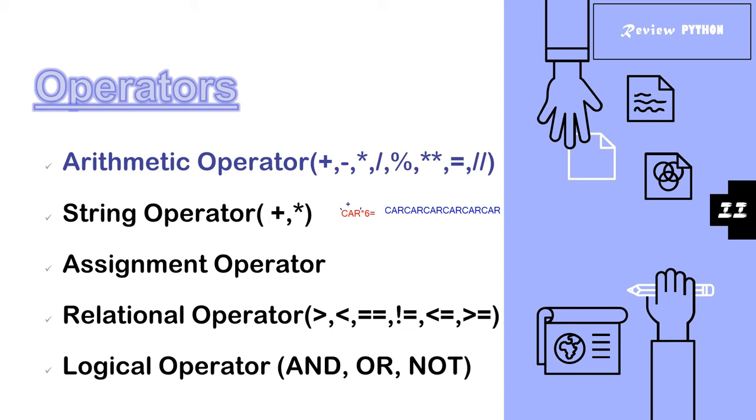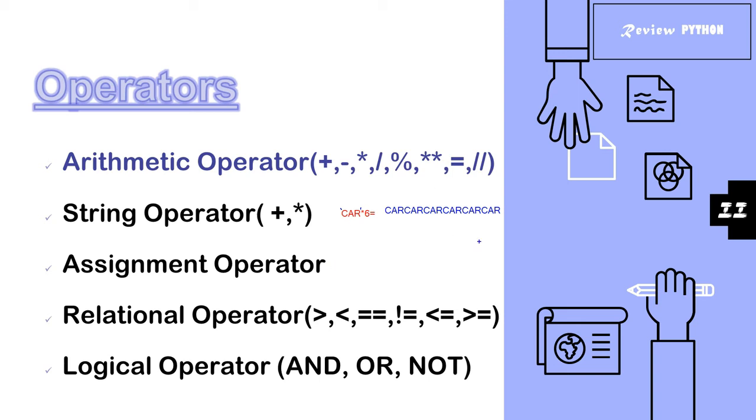Meaning, if we have a text on the left hand side of this multiplication sign, it will be a string operator and it will perform the duplication task. The number following the asterisk sign will be the number of times that particular word will be printed again and again. Assignment operator I explained to you earlier.